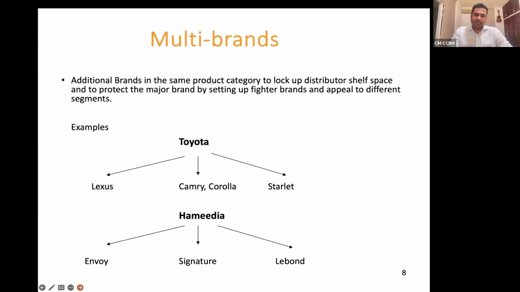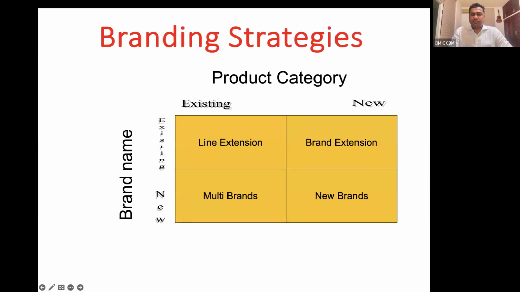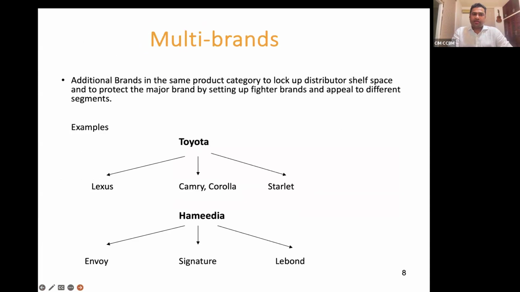Then you have multi-brands. Multi-brands means what? Existing product category, new brand name. That's a multi-brand. Right? So multi-brands means, for example, Toyota.